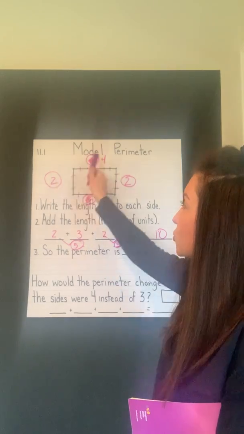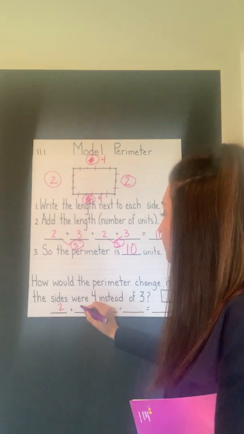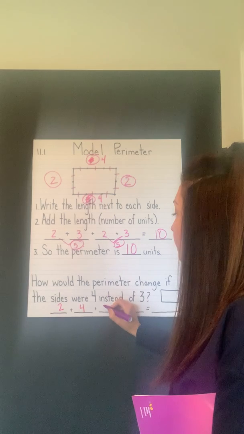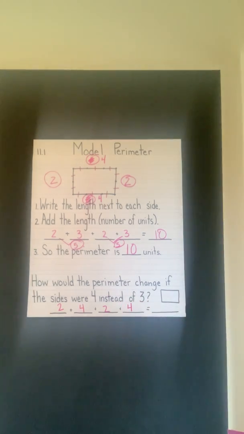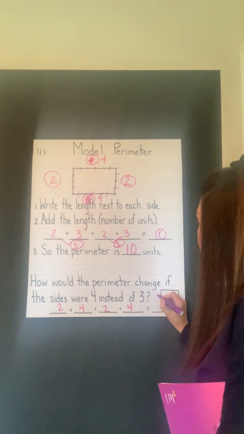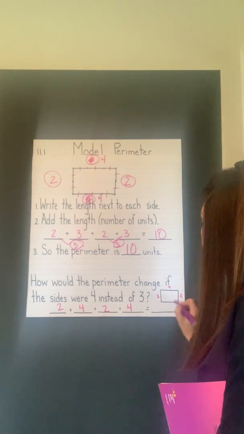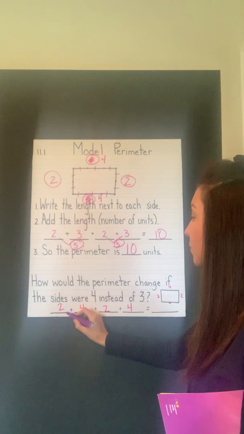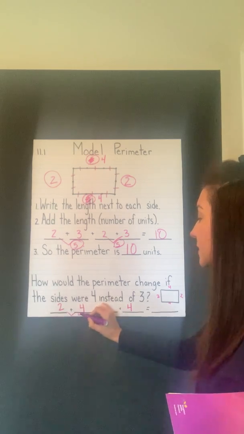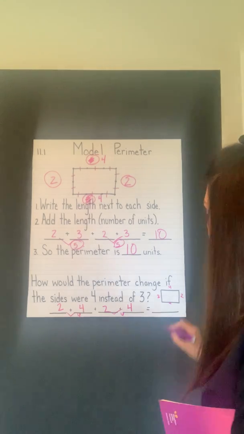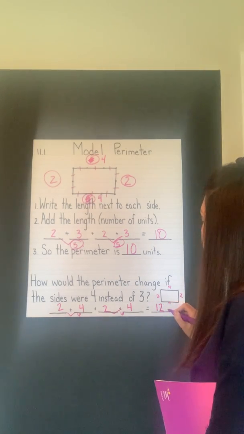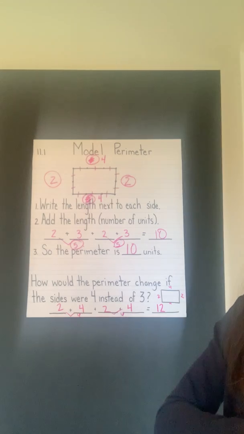Let's rewrite the numbers. 2 plus 4 plus 2 plus 4. You could do it this way if you wanted to. 2, 4, 2, 4. 2 plus 4 is 6. 2 plus 4 is 6. 6 doubled is, you got it right, 12. 12 units.